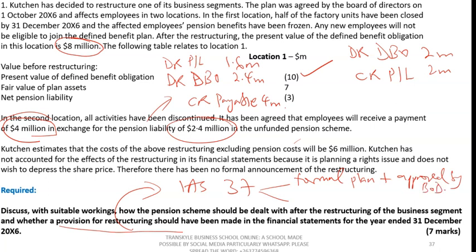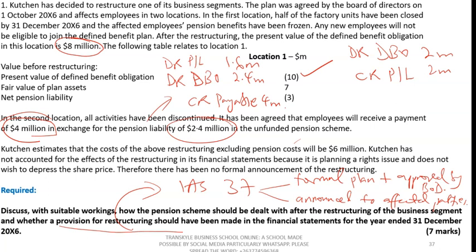And then this should be announced to affected parties. So the formal plan has to be prepared and approved by the board of directors, and then it should be announced to affected parties. All right, which means they should be quite aware that such a restructuring exercise is taking place.